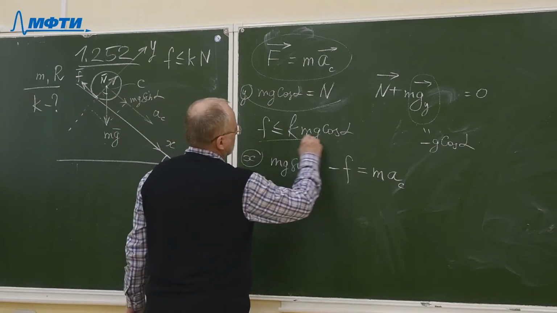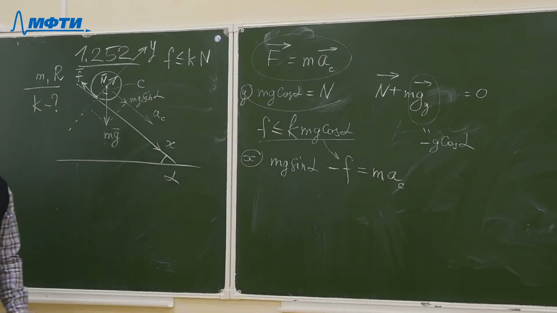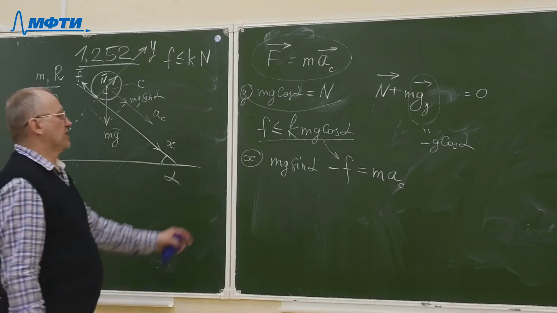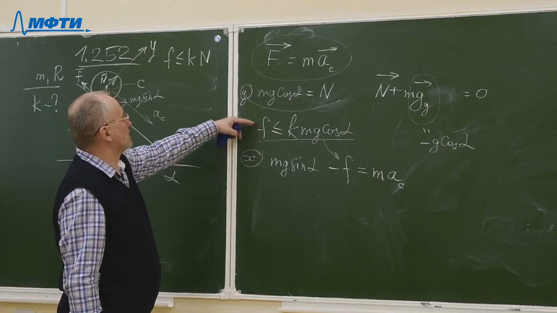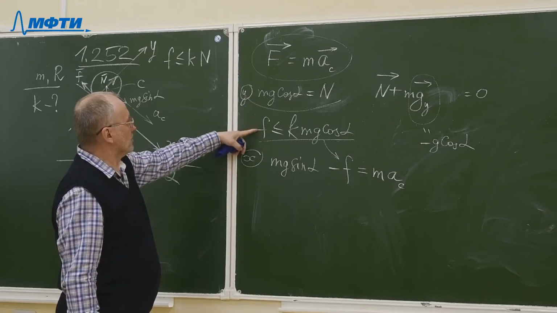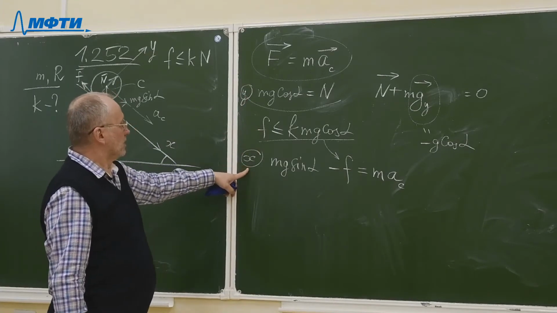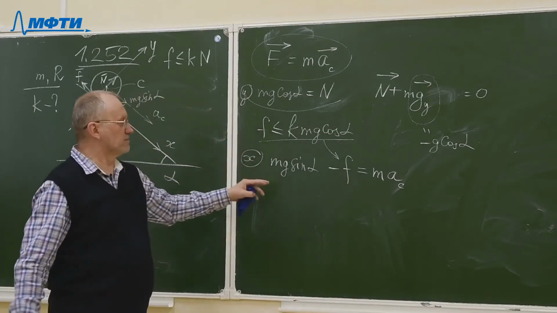And the force of friction can be used from here, certainly, in this equation. So the relationship obtained from analyzing the y components of all vectors can be used when you analyze the equation for the x components of all vectors.